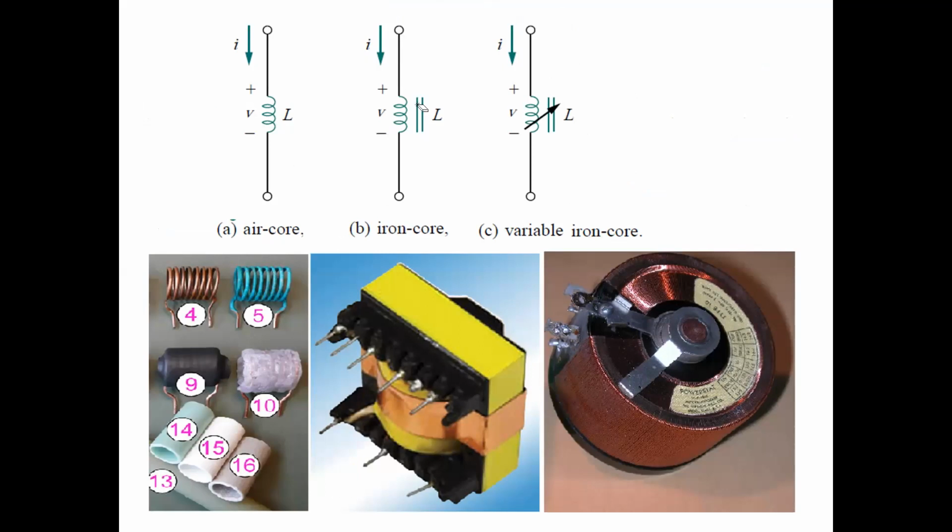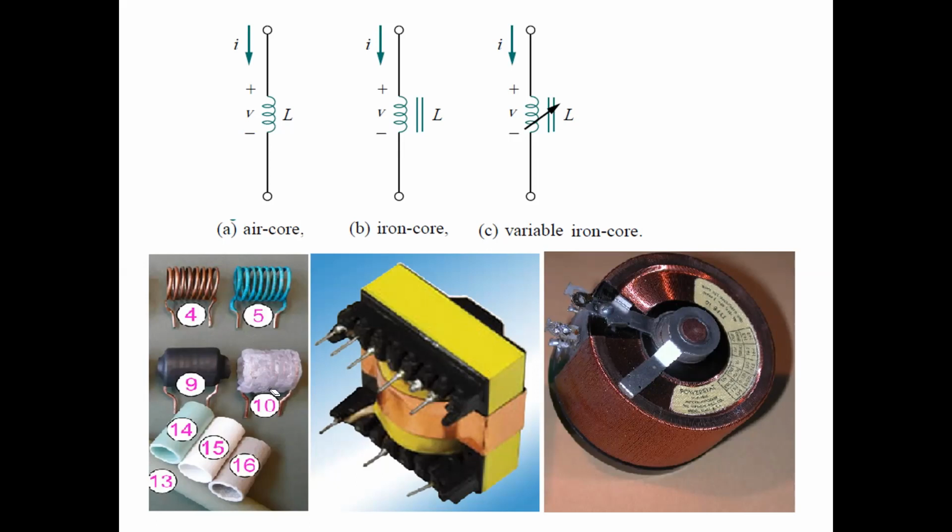For iron core, you just have to draw two parallel lines next to the coil to show that an iron core is used. And for variable iron core, an arrow is placed crossing the coil and the core parallel lines.